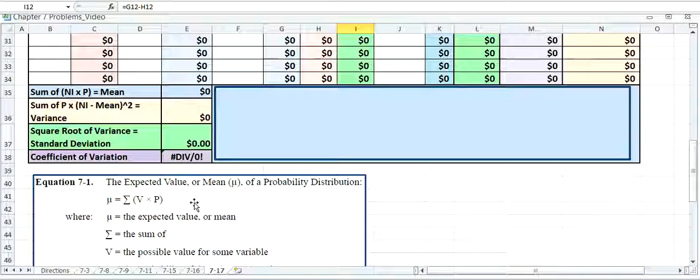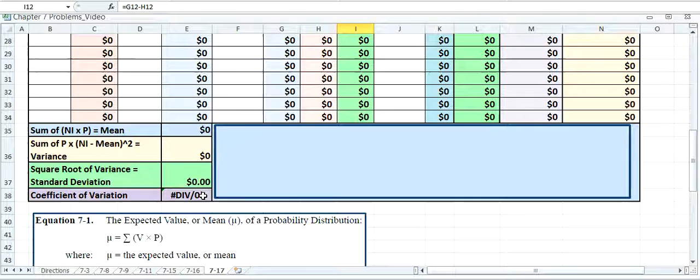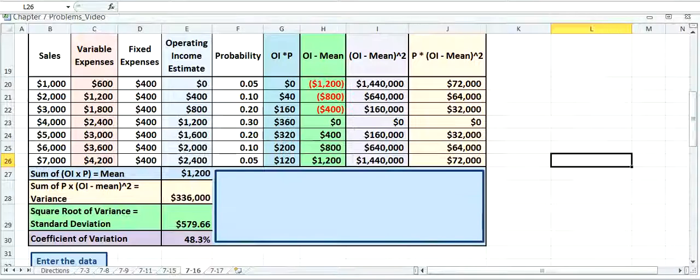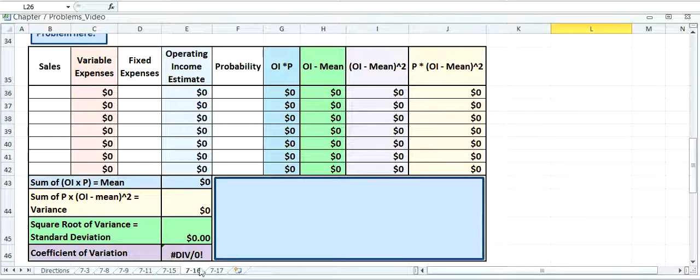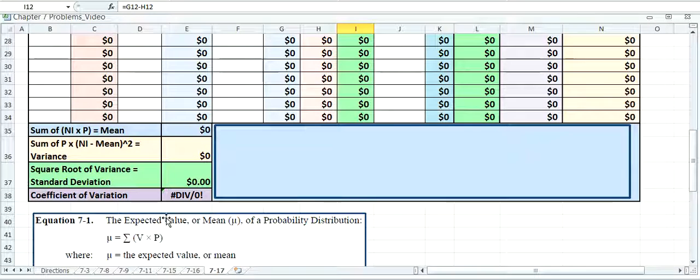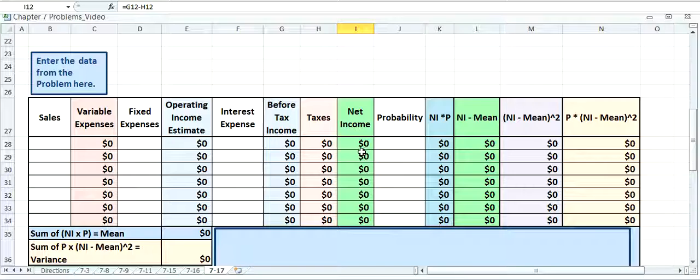And remember, you want to subtract what you got in 716 right here, and you'll get that right down here, from what you get for your coefficient of variation for your net income.